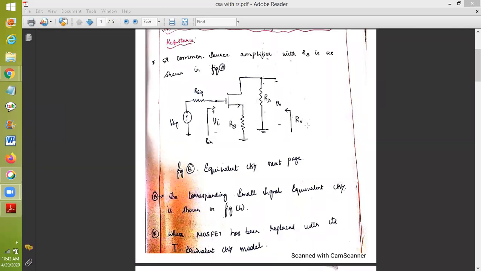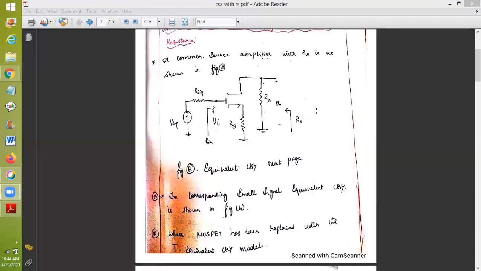Which model? T model. Okay. I repeat once again. If the resistance is attached to the source, we have to write the equivalent circuit using the T model. If there is no source resistance attached, we have to go for the hybrid pi model.